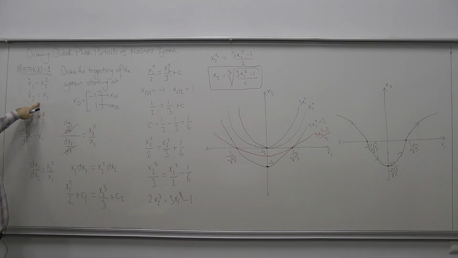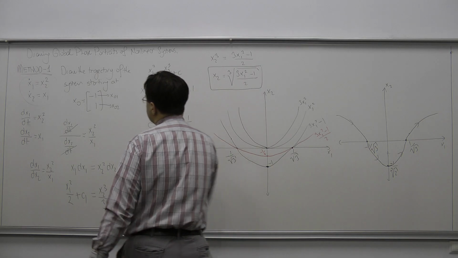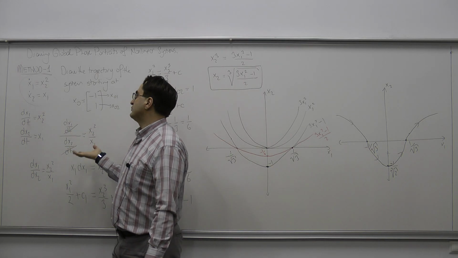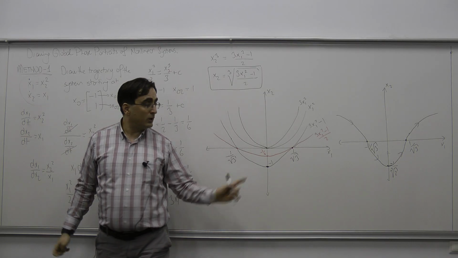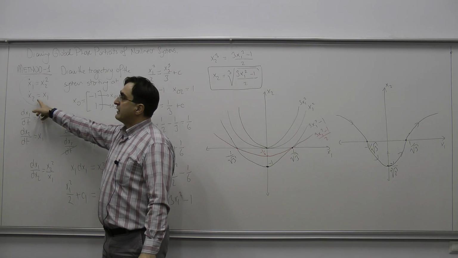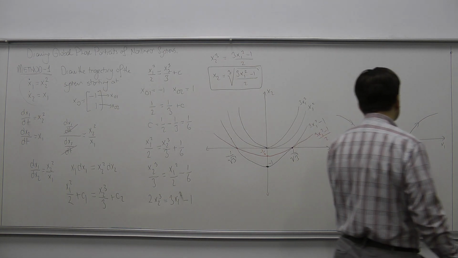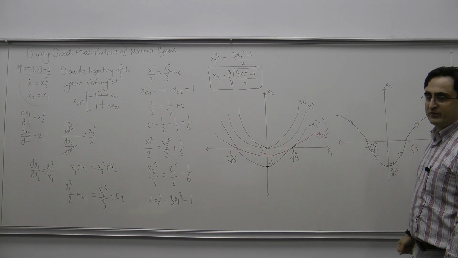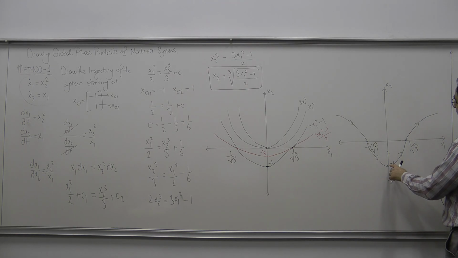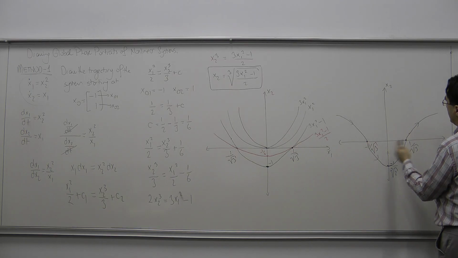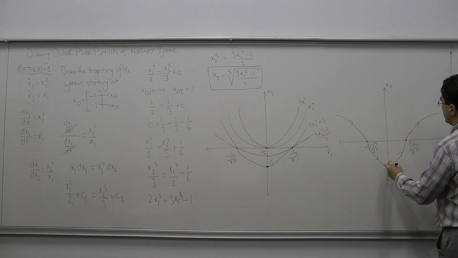But do we have the second equality correct as well? The second equality, I really do not have to check at this point, but let us check also that this holds on our curve. So here x2 dot is equal to x1, meaning that if x1 is positive, x2 is going to increase. If x1 is positive, meaning that we are on this part of the x1, x2 plane, or phase plane, x2 is going to increase.